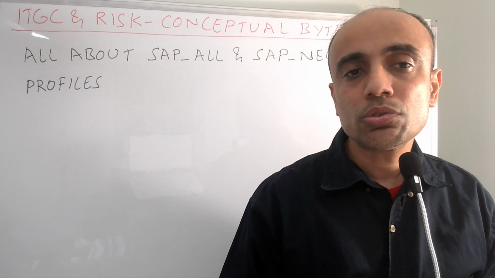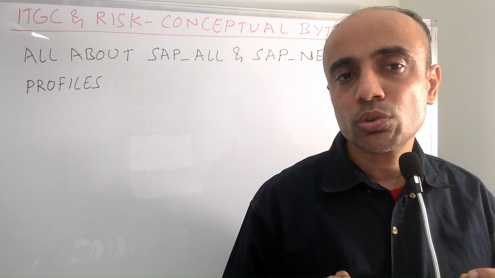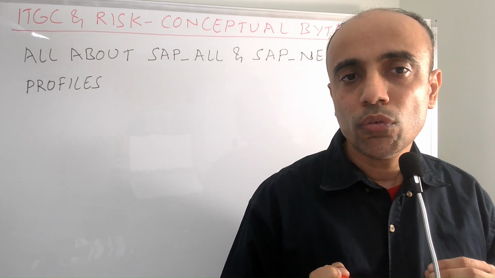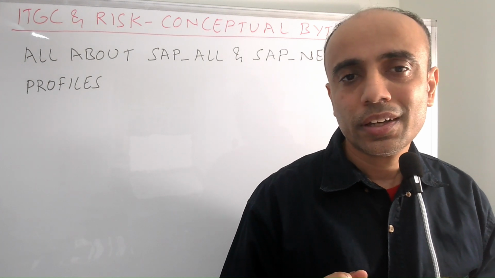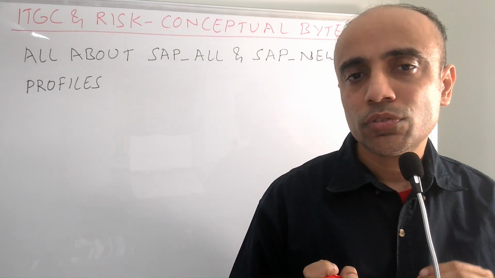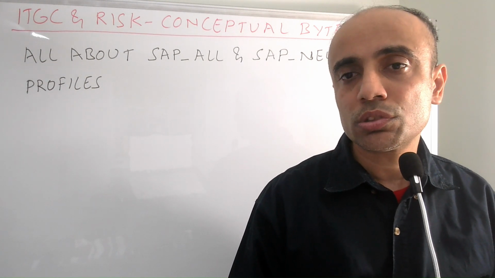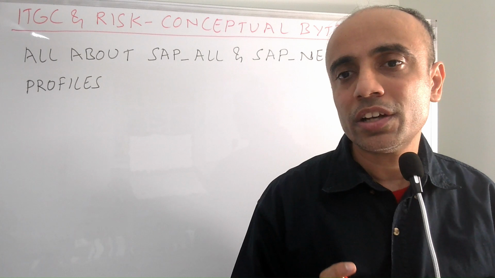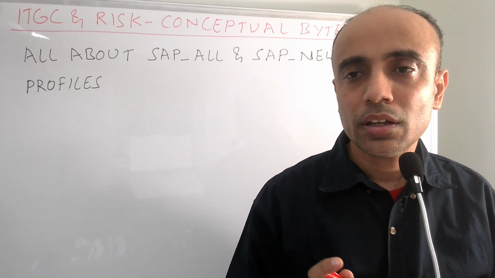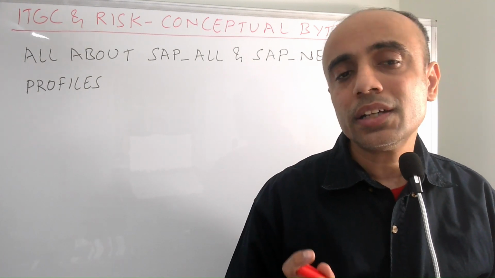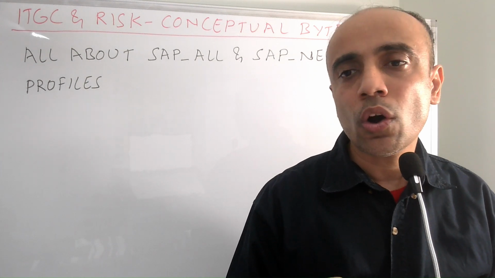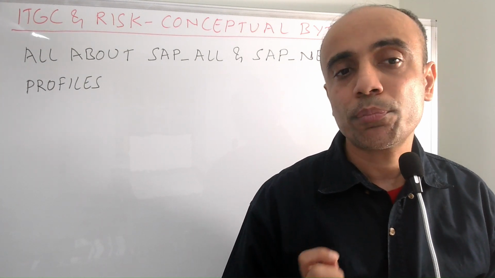Next step is to use ST03N for workload analysis or STAD for statistical records to review activities of users with SAP_all or SAP_new profiles. The intent in this step is to make sure that all activities are approved.